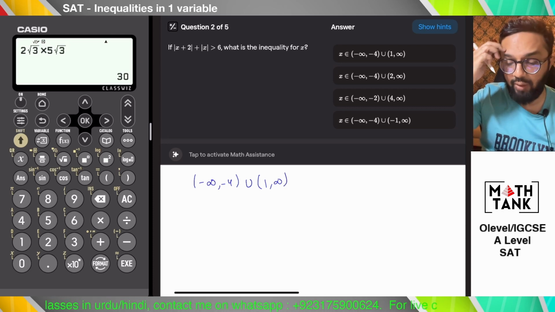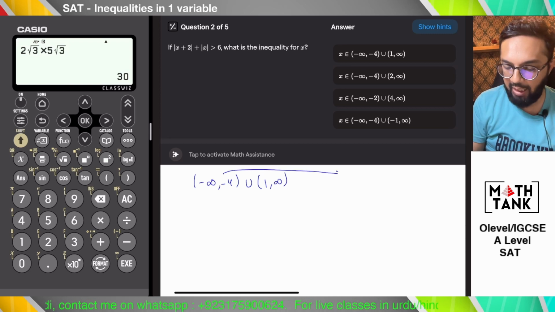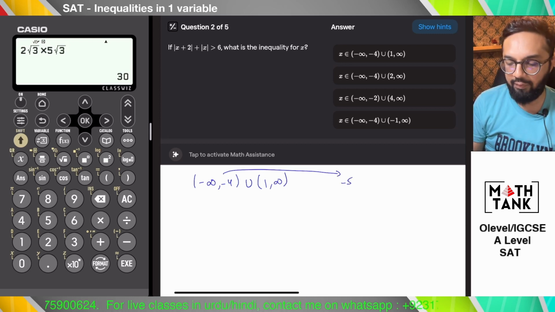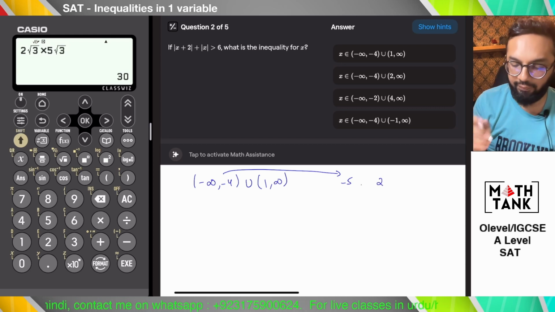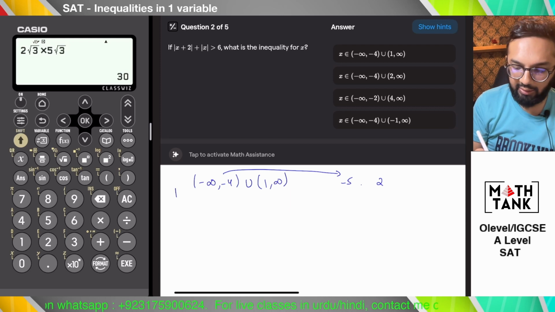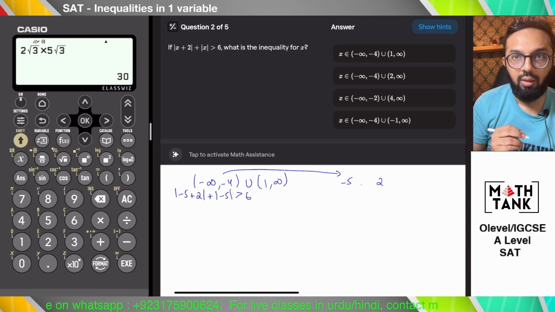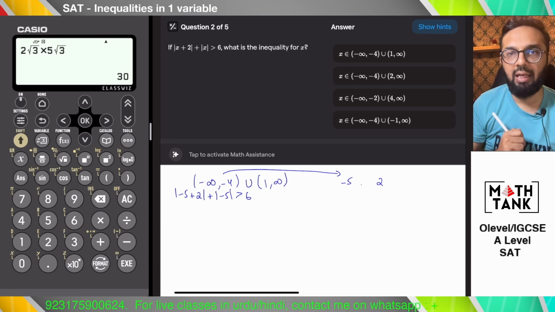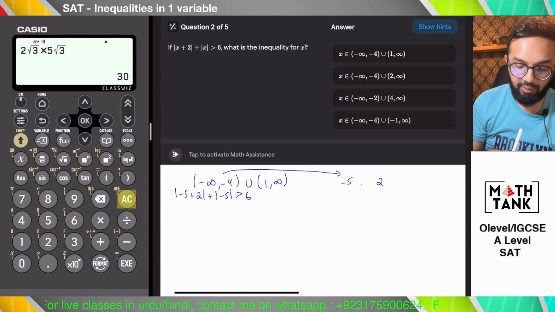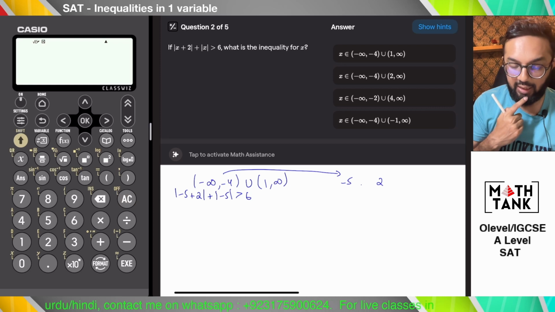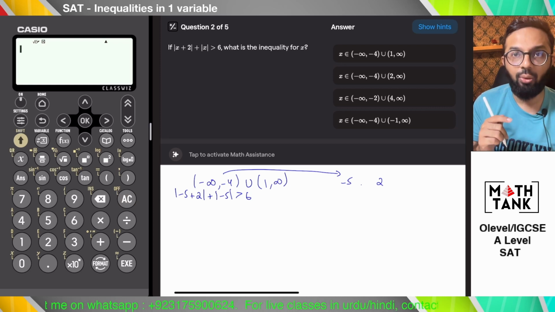So let's try out two values from here. From the first bracket, I can try out, let's say, minus 5. And from the second bracket, I can try out 2. If these two answers fit, then that is my correct answer option. So I'm going to insert minus 5 here and see if this balances my inequality.